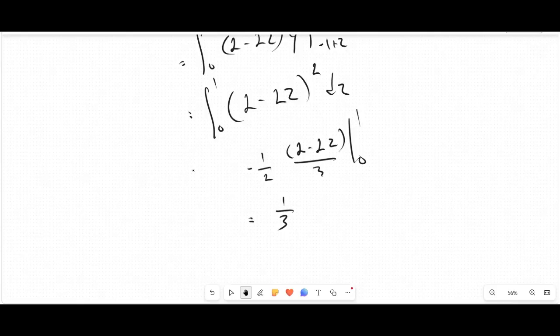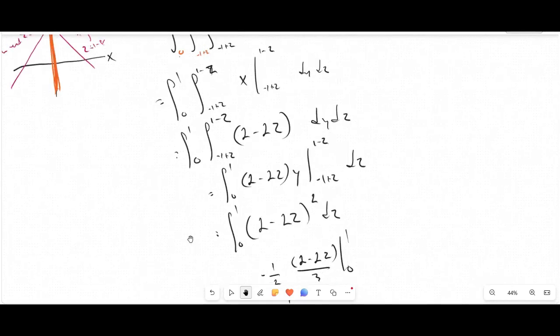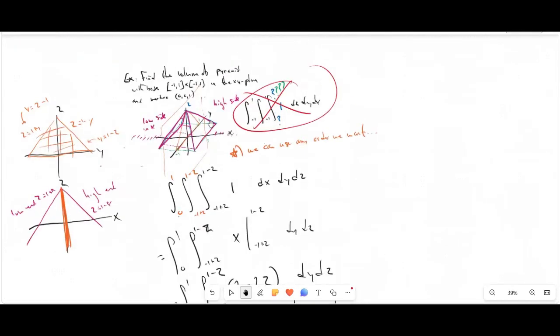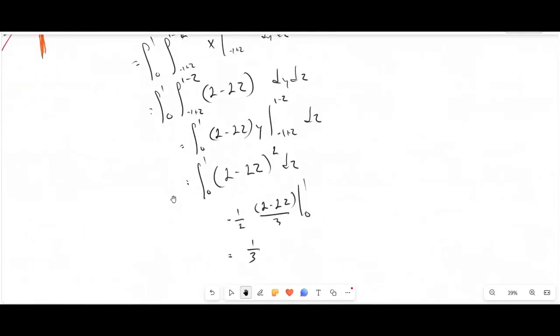I'm just checking real quick in my head. The total area of the cube would have been 2 times 2 is 4 times 1, so it should have been 4/3, right?